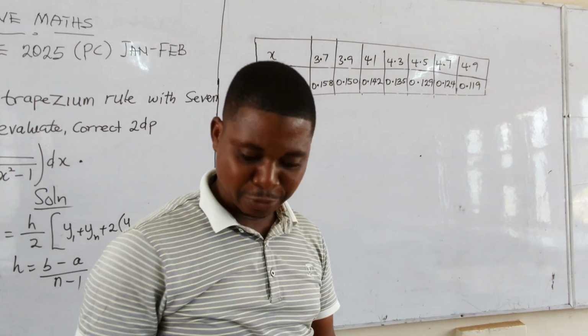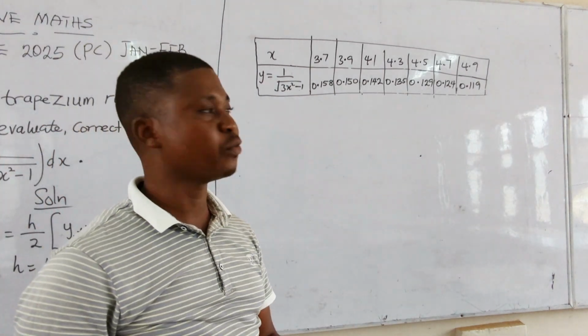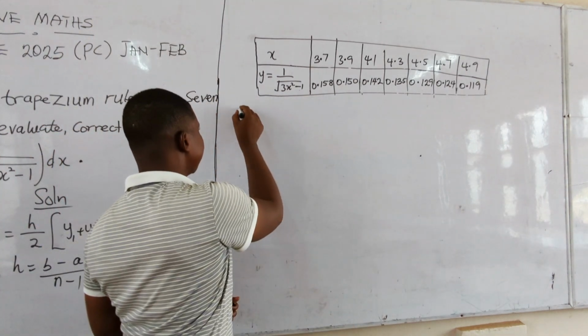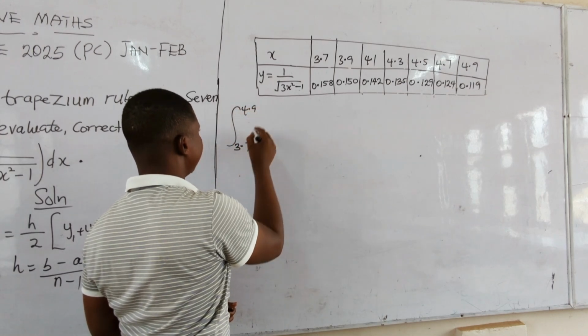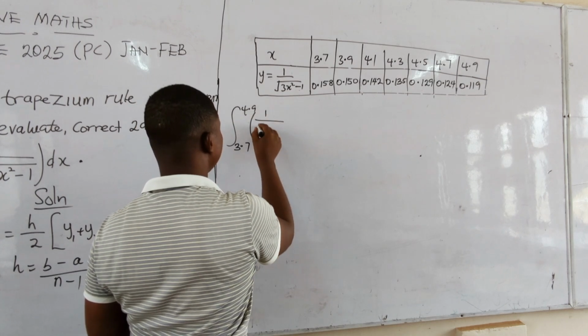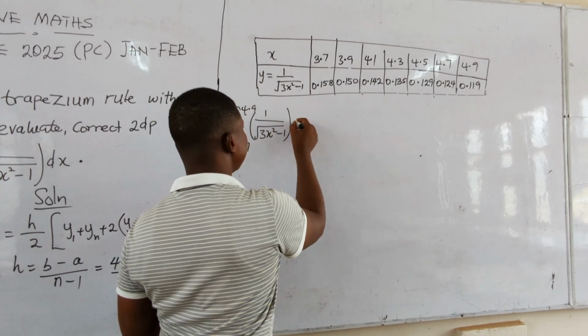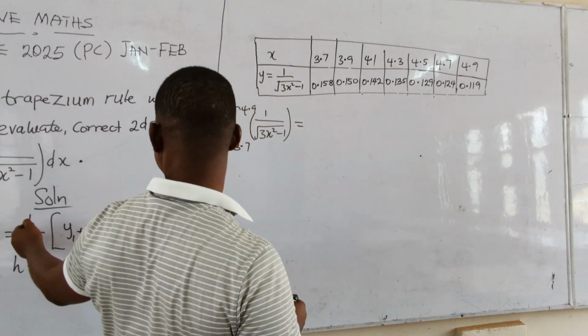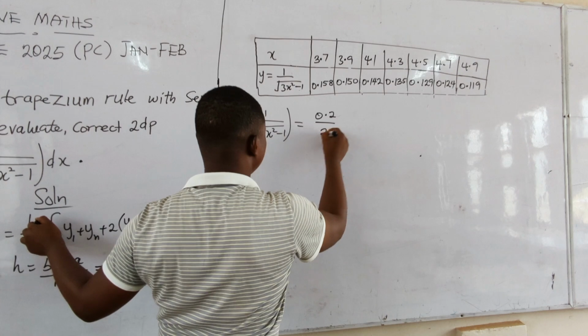After getting this table, the next step is for us to substitute them into our equation. So we have the integral from 3.7 to 4.9 of 1 over root of 3x squared minus 1 is equal to, now our h is 0.2 over 2.